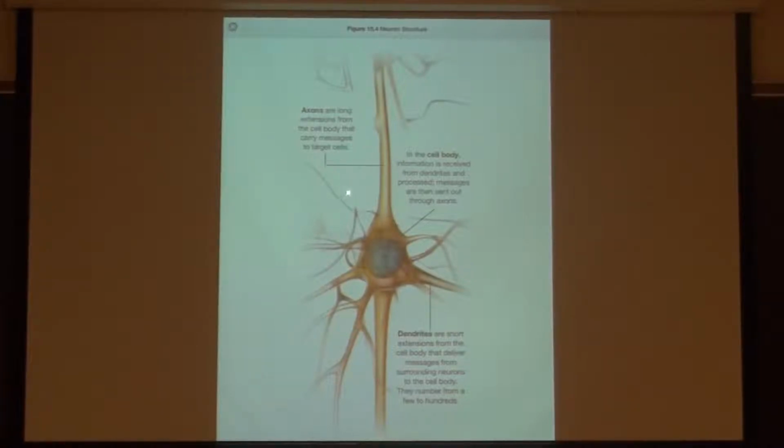And we will find out that we have here on this side of this particular cell an arborization, just like a tree has branches. We find branches here that are called dendrites. And they are collecting information.